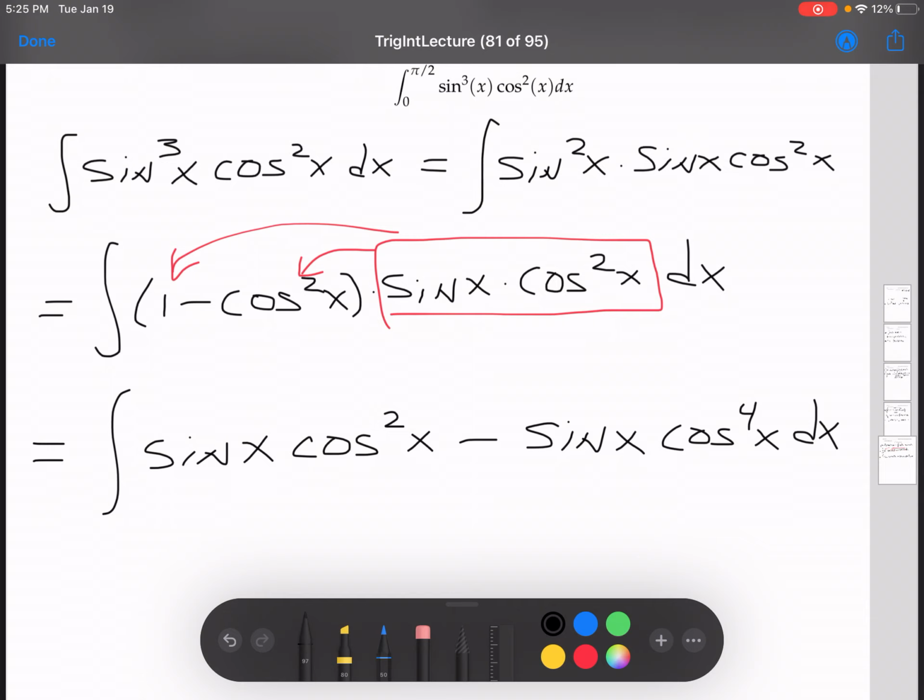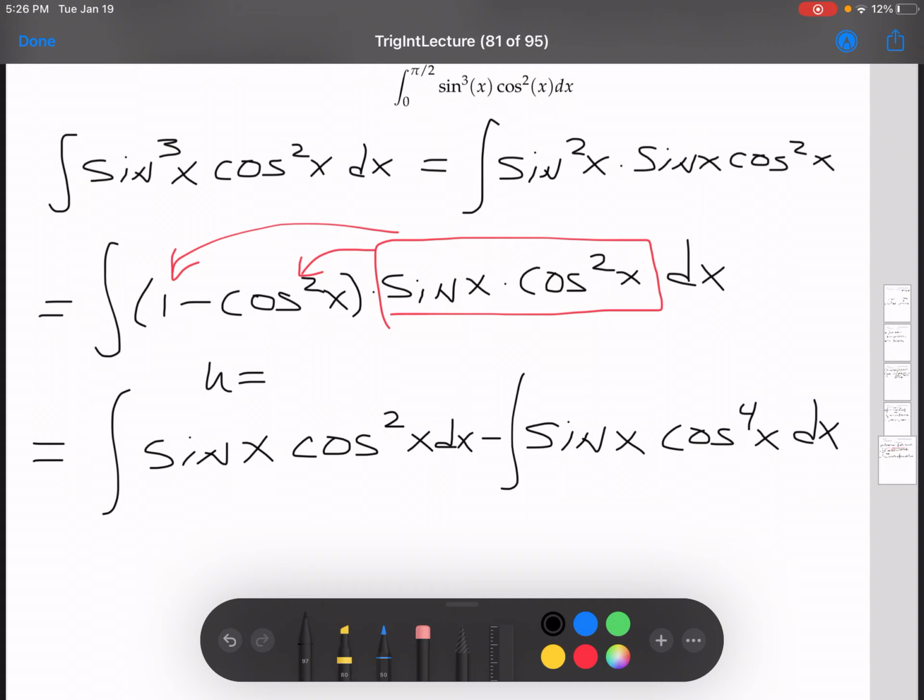Now remember, we can split this up over sums and differences, so we can think of this as that.